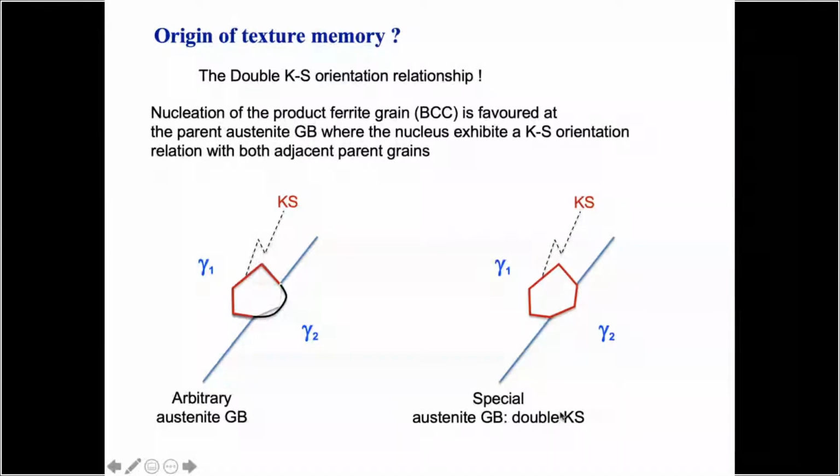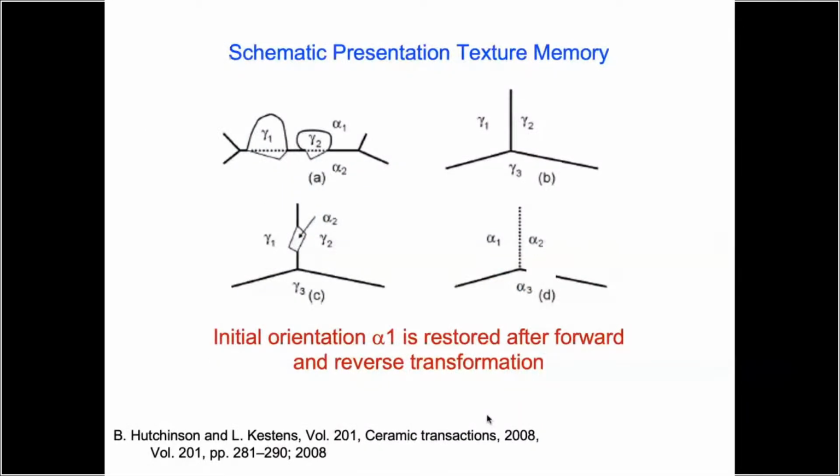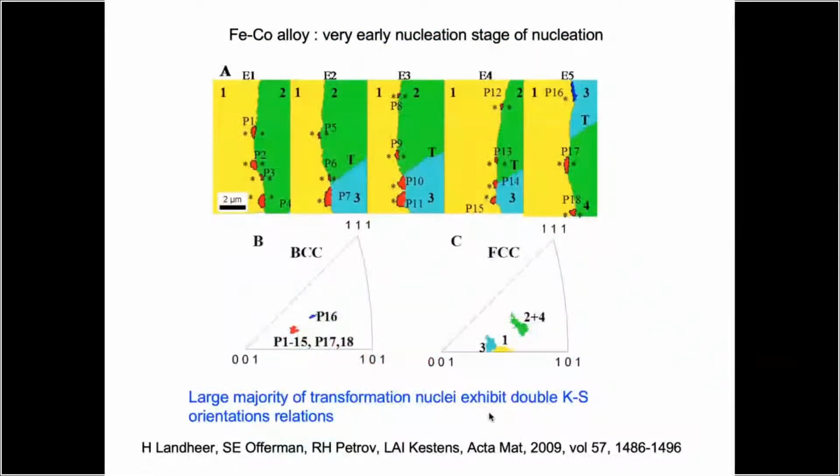We call this double KS. So this is not possible for the general random high-angle austenite grain boundary, but it is possible for a small minority, in general 5%, of special austenite grain boundaries. And it is this mechanism that is responsible, in the end, for texture memory, because that's how the material remembers how to go back to the initial orientation from where it started.